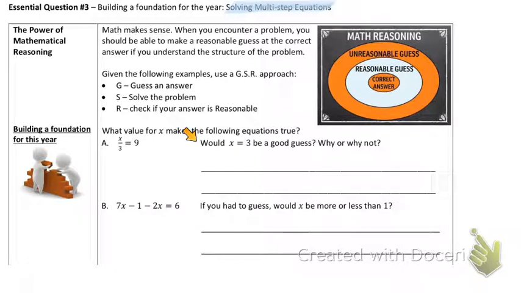Pause the video if you want to take some time to think about it. Why would x equal 3 be a good or bad guess for example A?